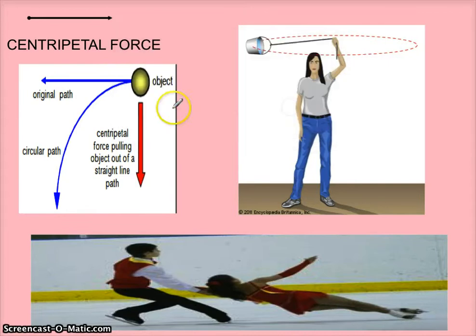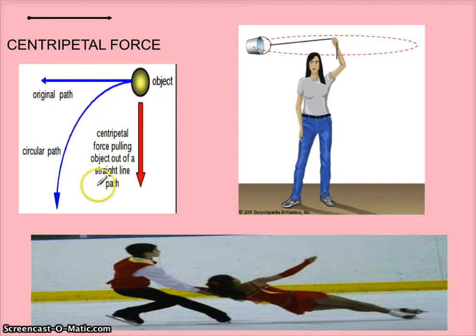So an object changing direction has a force propelling the object in the other direction. So say this object is going this way, that's typically what Newton's second law is talking about. That the acceleration and the mass and the force are all dependent upon it having just one force upon it.